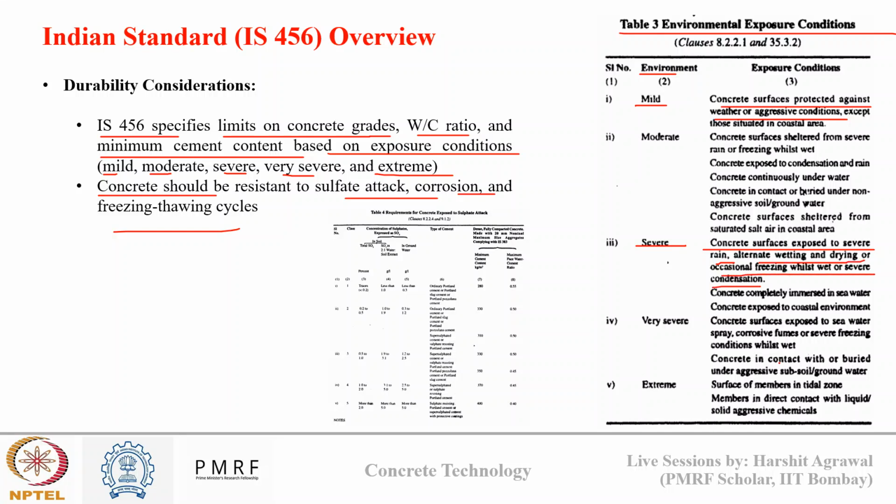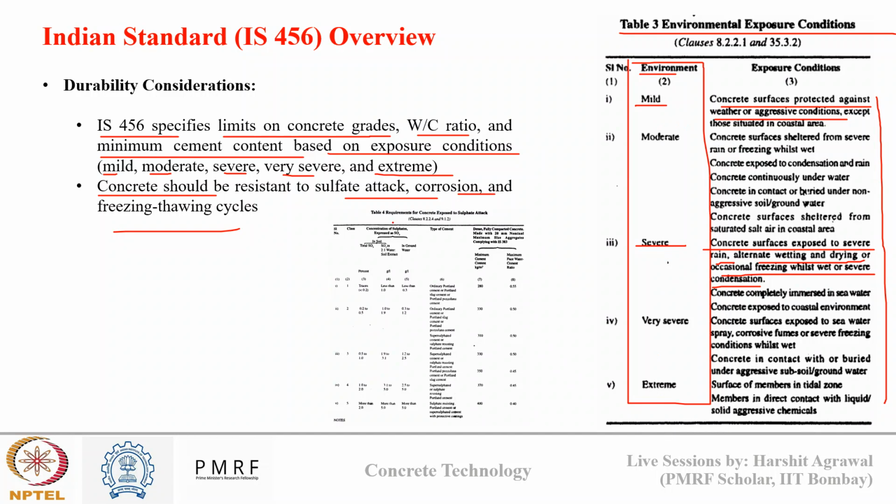Okay, so based on what environment my concrete will be exposed to, I need to select the suitable exposure severity of that environment. So I will know the conditions in the surroundings, and based on that I will determine whether my exposure is mild, moderate, severe, very severe, or extreme.